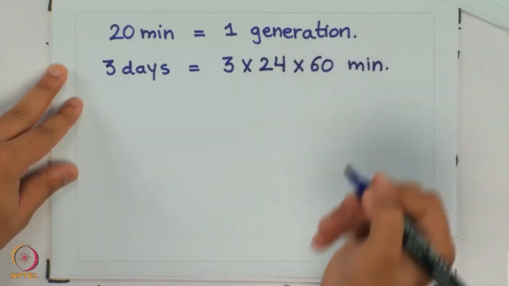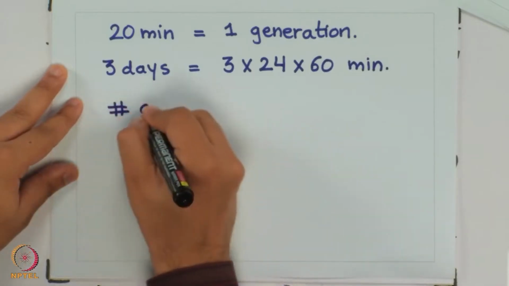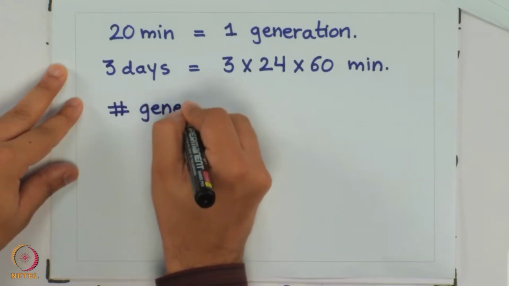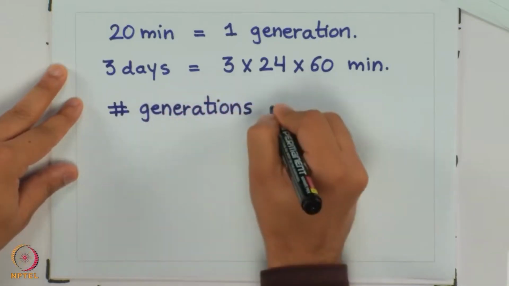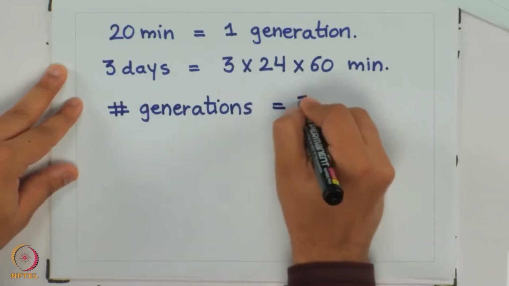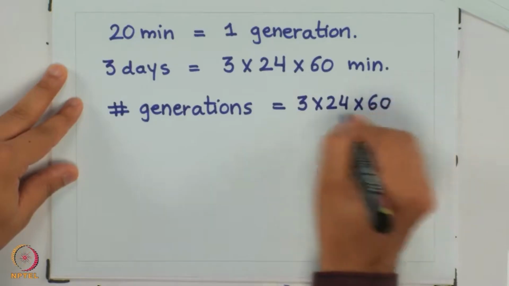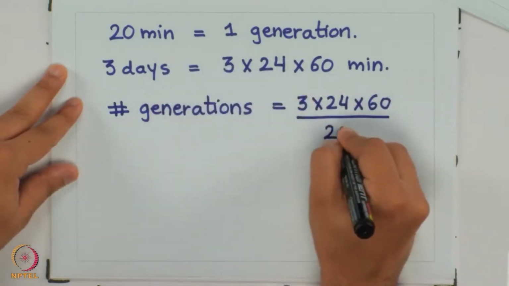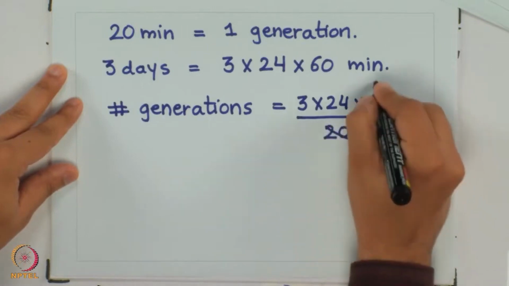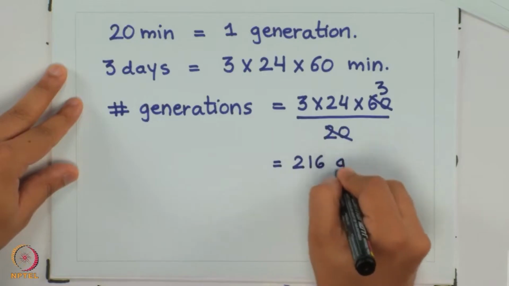Right? And now when we want to calculate the number of generations, this comes out to 3 into 24 into 60, this many minutes, and we know one generation is equal to 20 minutes, so we divide this by 20 and we get 216 generations.